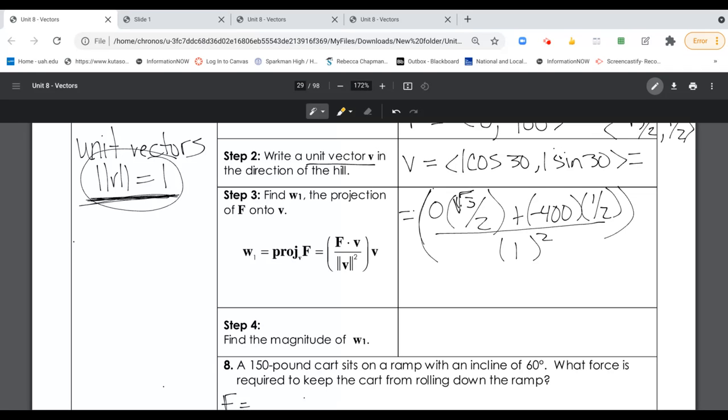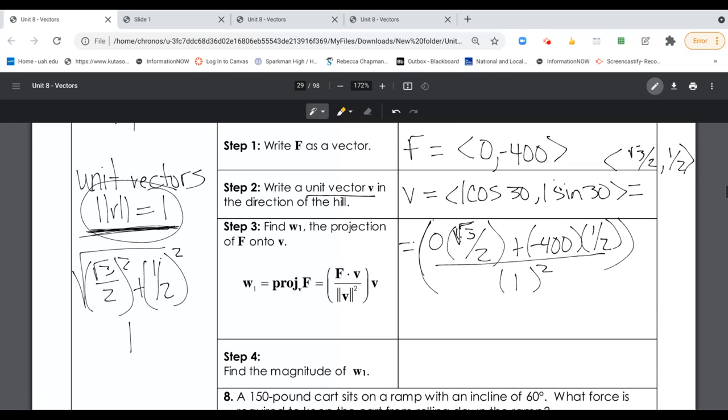That is also what you would get if you did square root 3 over 2 squared plus 1/2 squared. If you took the vectors, you would get 1. Okay, so if you took your vector V answer right here and you went through the process of finding the magnitude, vector V is going to be a 1. And then we're going to multiply that by the vector, square root 3 over 2 and 1/2.